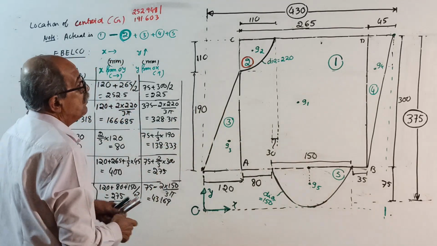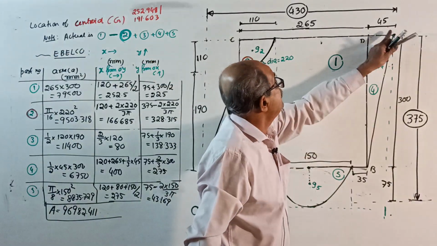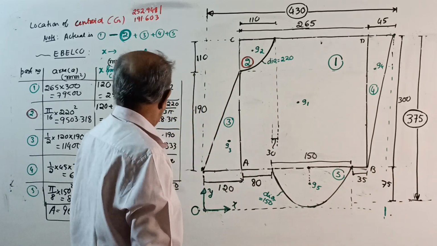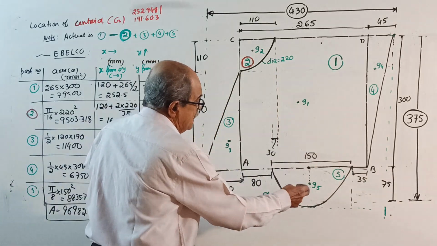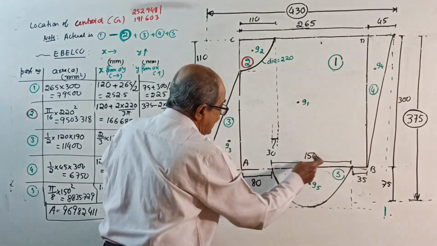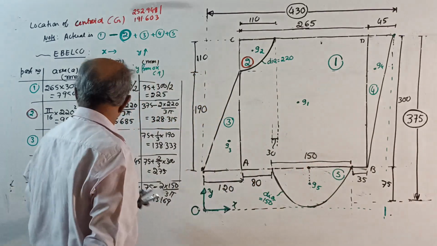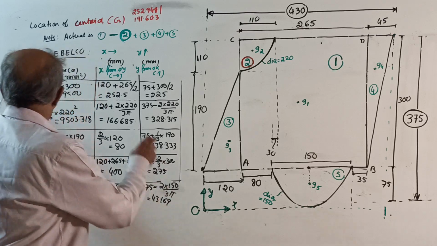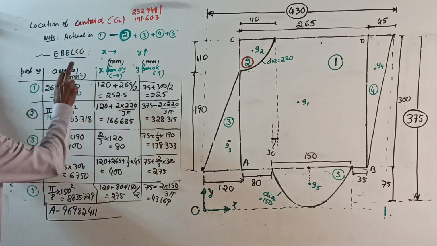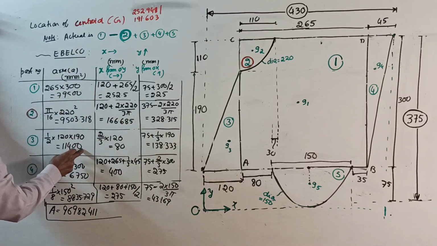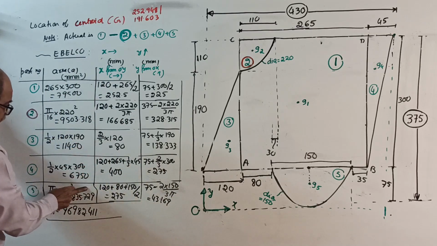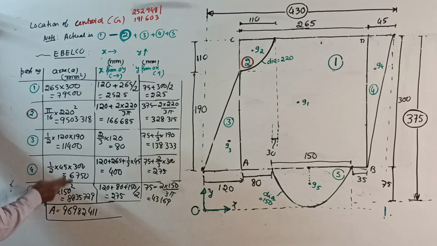A4, half into 45 into 300. A5, pi by 8 of diameter square, diameter 150. Now, A1 minus A2 plus A3 plus A4 plus A5, you get total area A.